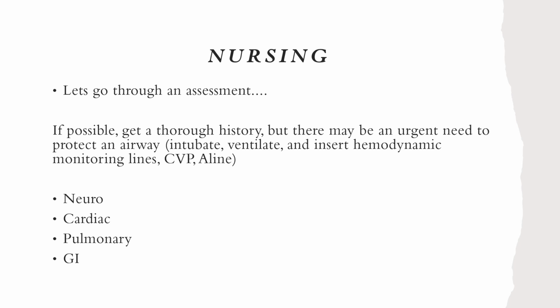Neurologically, it's very, very similar to ARF, and we know that our brain is most sensitive to any gas exchange changes that are going on. So we know we're going to have that increased confusion, somnolence, delirium, agitation, restlessness, all things to look out for neurologically. Cardiac-wise, we know the differences between our compensation level and our decompensation level, right?